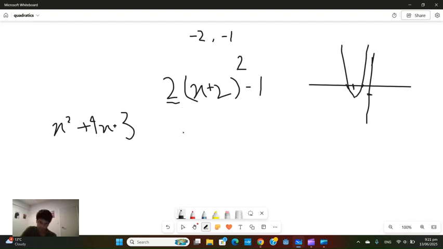And the higher this gets, like 10, it's going to be pretty thin.